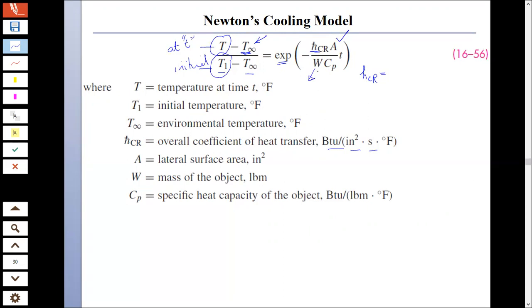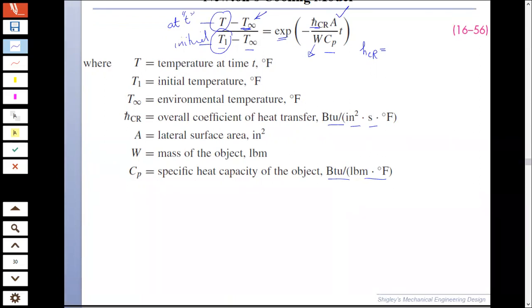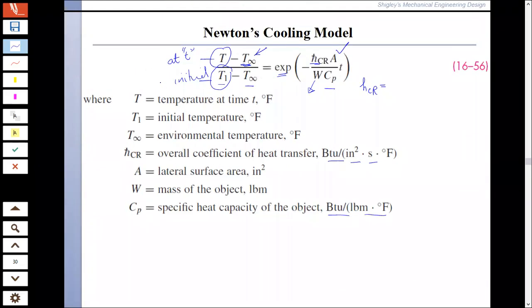W is the mass of the object, and Cp is the specific heat capacity in BTU per pound mass degree F. So this is Newton's cooling model.